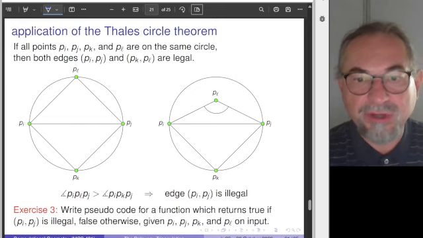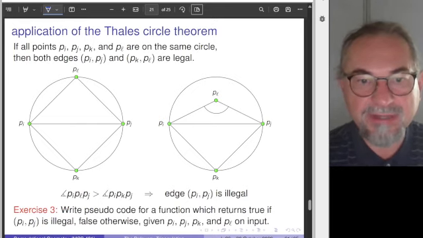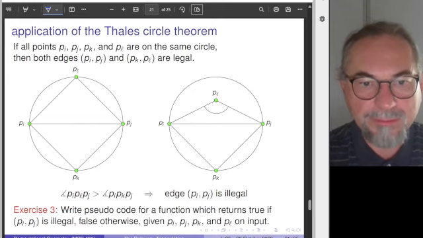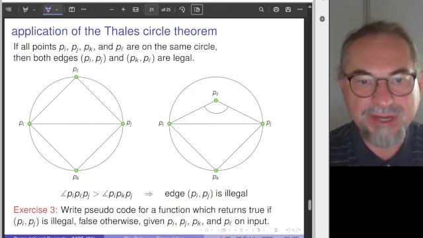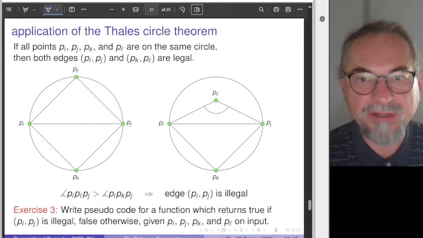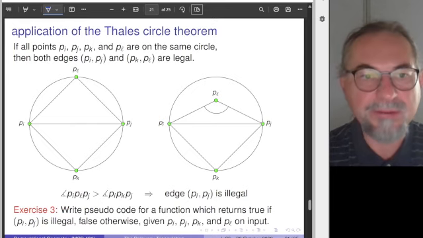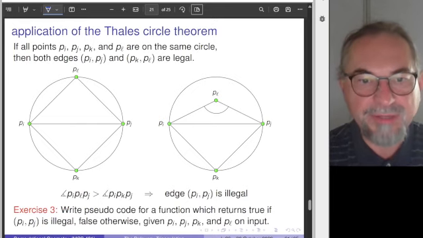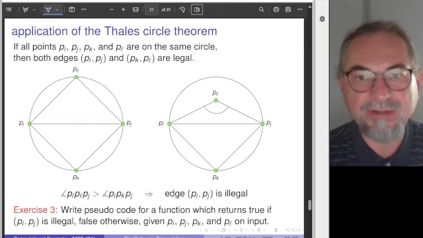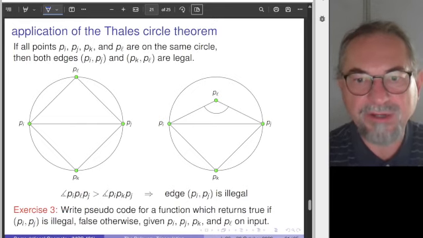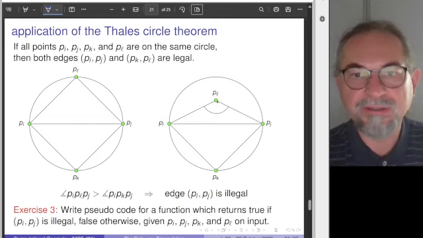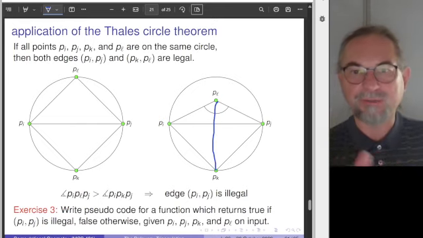So you can determine that if the angle PiPlPj is larger than the angle PiPkPj, then the edge is illegal, and you're better off using this other edge, doing an edge flip.